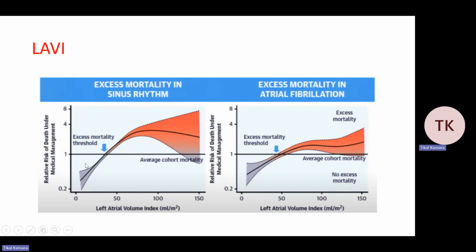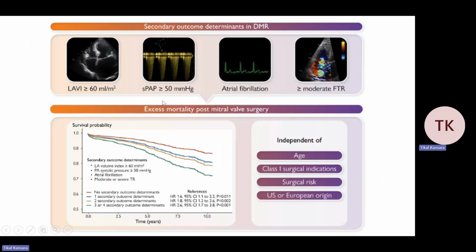So in 2022, a new study showed a magic number of 60 for LAVI. Even if the patient was in sinus or in atrial fibrillation, a LAVI more than 60 was associated with excess mortality from MR. So this was the study. And then they did a retrospective analysis of all the registry data of all the patients who underwent mitral valve surgery.